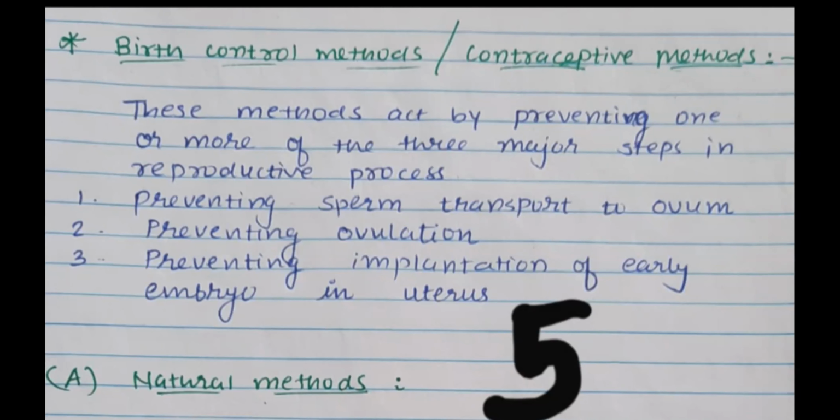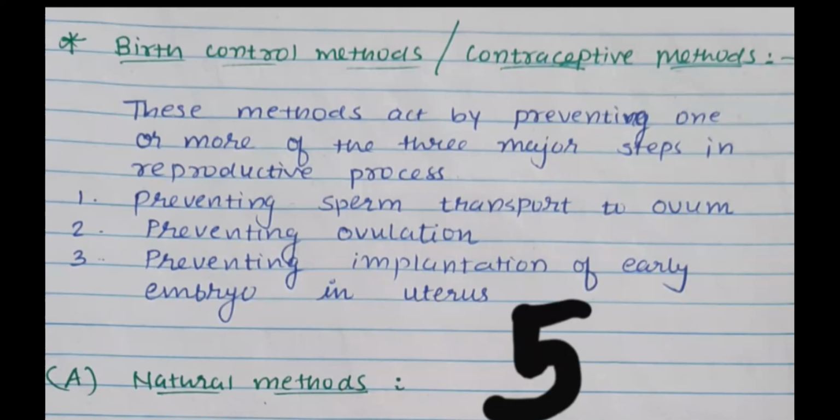Next, preventing the implantation of the early embryo. Here fertilization takes place, and gradually the zygote forms the embryo. But at the early embryonic stage, these birth control devices work. You know that implantation occurs at the endometrial wall with the help of the trophoblast chorionic villi.